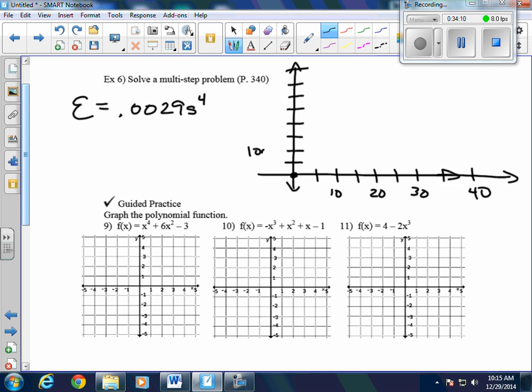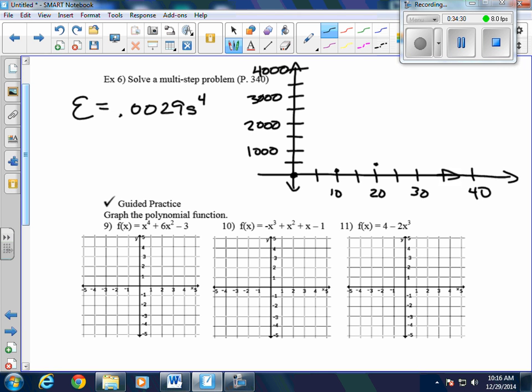So we're going to go up by 500s here. I'm going to go 1,000, 2,000, 3,000, 4,000. And so if we plug in 0, we get 0. If we plug in 10, we get 29, which is obviously not very high. But if we plug in 20, we're going to get 464, which is just under our 500 mark.